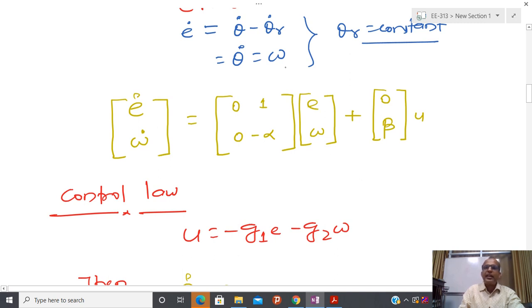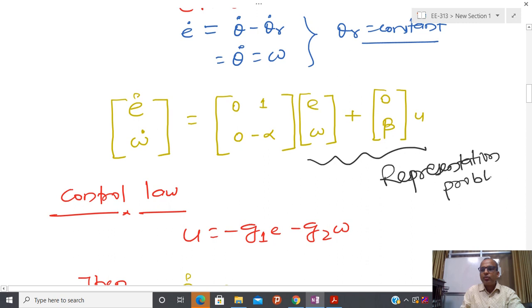For the time being, you can assume that I want to maintain angular velocity equal to 0, and at that time I have position equal to theta r. In that way I can represent everything in state space form. This is nothing but related to the representation problem.